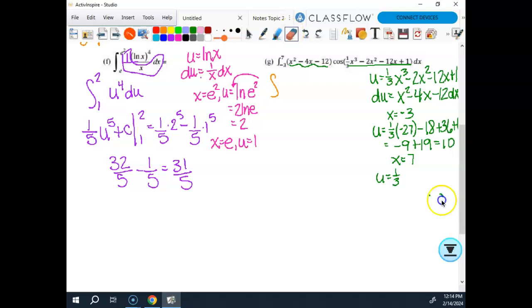Okay, 343. Times 343, so I'm putting 7 in here, minus 98, I believe. Yeah. Then 7 times 12, that's going to be minus 84. And then plus 1.